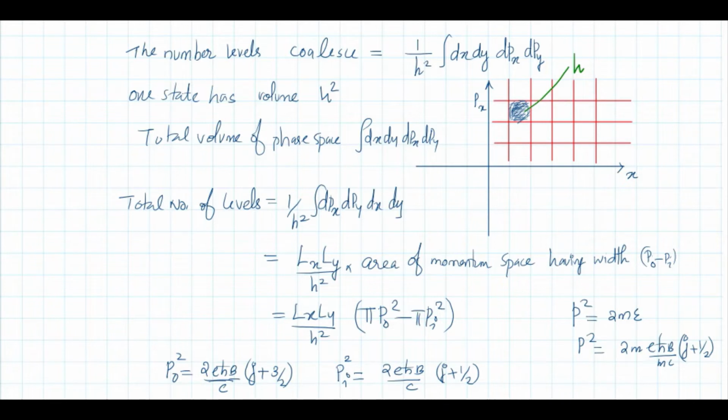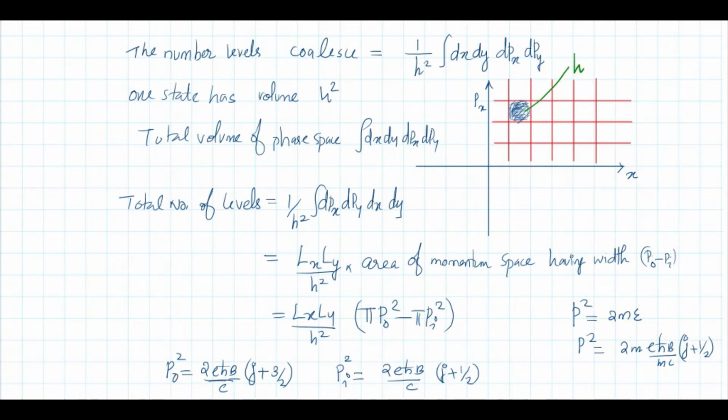And you can consider a finite area in this phase space whose value is Planck's constant, and this will give you a particular state. Okay, from the idea of classical phase space, each microstate can be represented by a finite area in the phase space. So that area is essentially Planck's constant h.